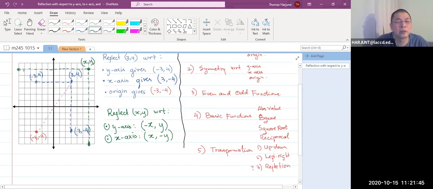Okay, and when you reflect with respect to the origin, you will see we get negative x and negative y. You reflect both of them.